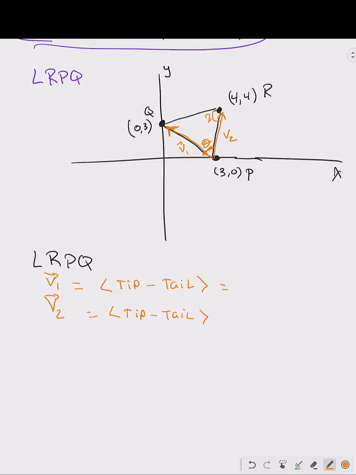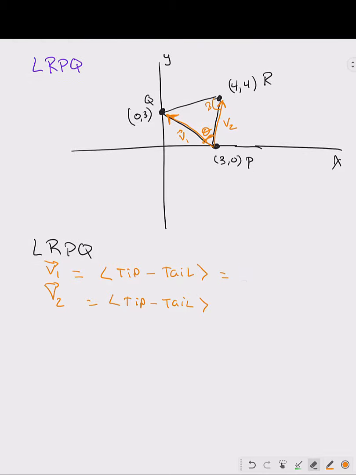For V1, the x component of the tip is 0 minus 3, the x component of the tail, and then the y component is 3 minus 0.